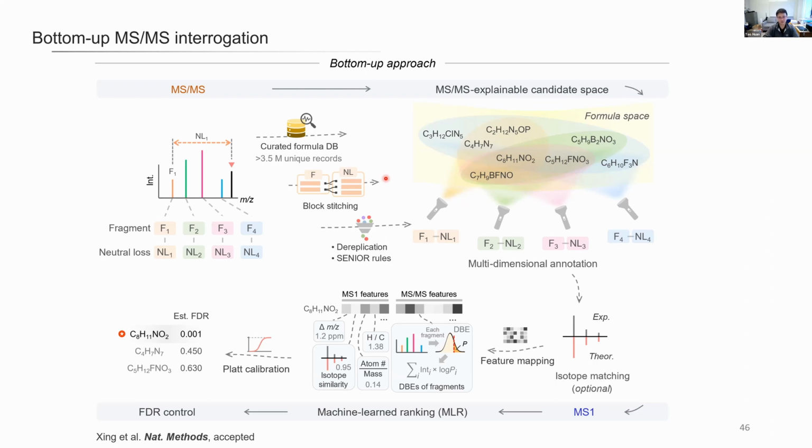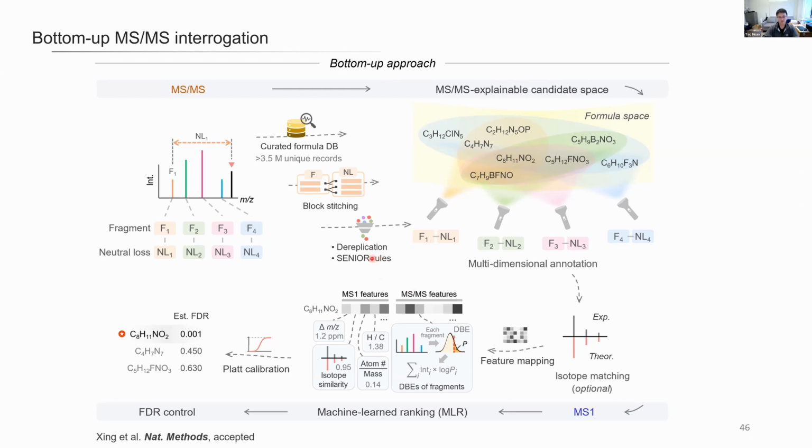Notably, those trillions of molecules might or might not exist in the database, because it's just a mathematical combination. So our approach, predicting the molecular formula of the fragment and neutral loss from the bottom up and assembling them together, really allows us to annotate unknown molecules that are not in the database.